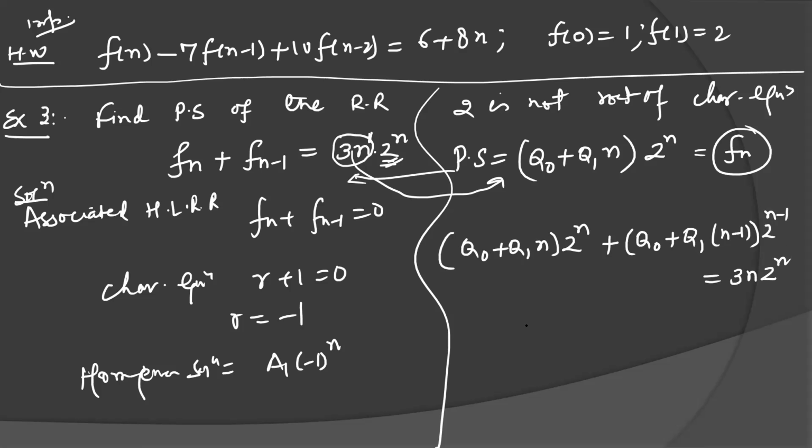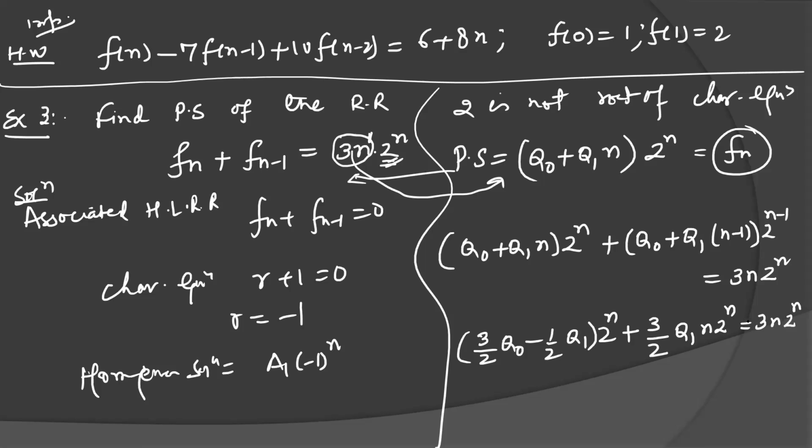Now again collect the coefficients. You will get here 3 by 2 q naught minus 1 by 2 q1, 2 to the power n, plus, collecting the coefficient of n into 2 to the power n, 3 by 2 q1 n into 2 to the power n, equal to 3 into n 2 to the power n.